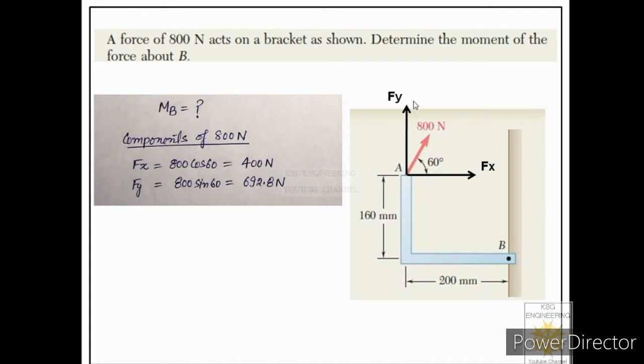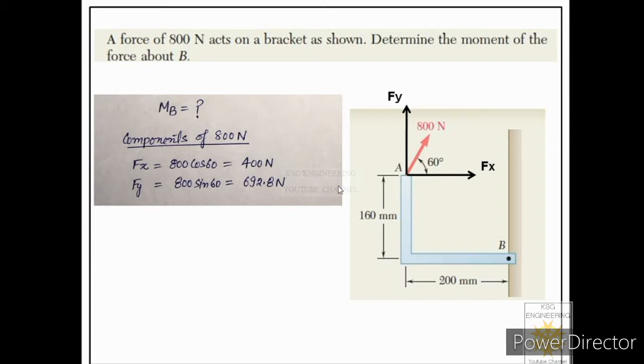In this process, it will again generate a clockwise moment. So clockwise moments are negative. It means moment generated by this particular component is a negative moment. So final answer will become minus 692.8 multiplied by 200. Then we will add moments because of these two forces, and that moment will be the moment because of this resultant, that is 800 Newton.